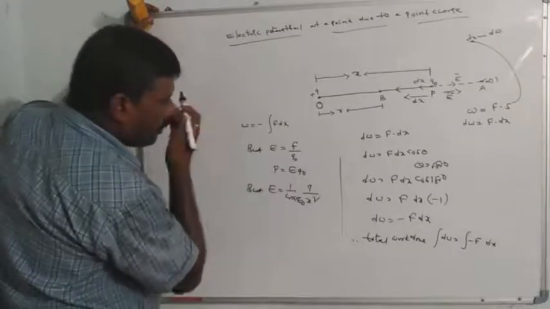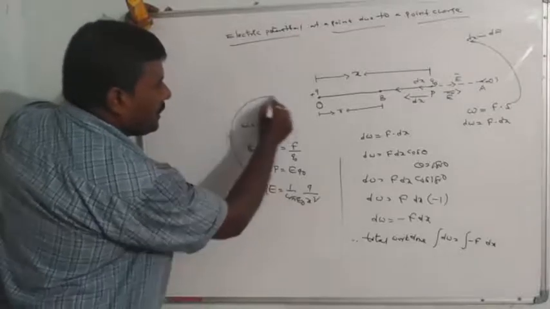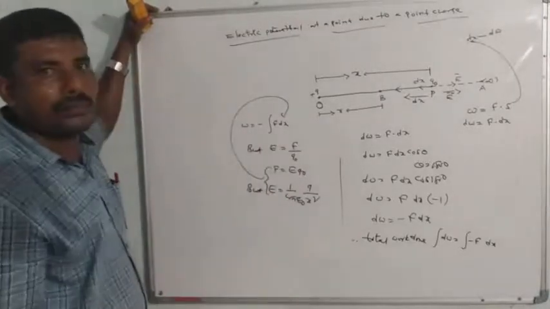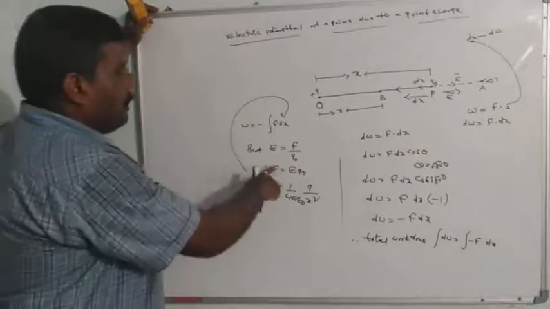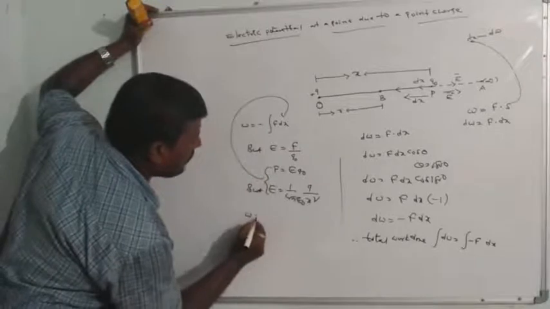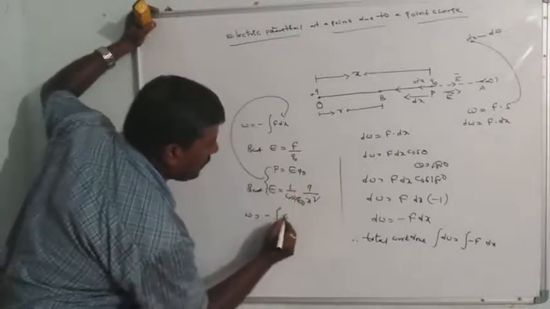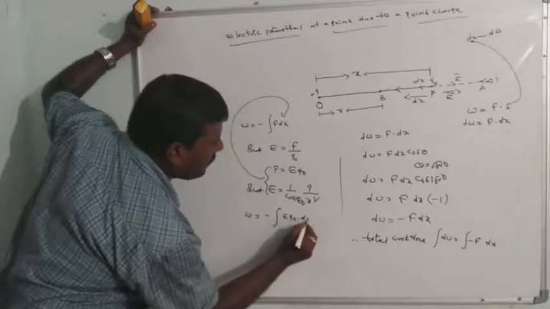Substitute both in the equation. F equals E Q naught, so W equals the integration of E Q naught dx.